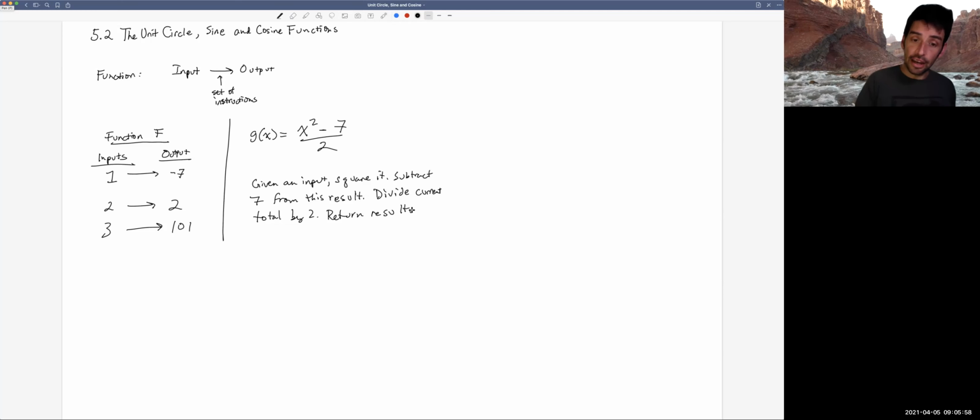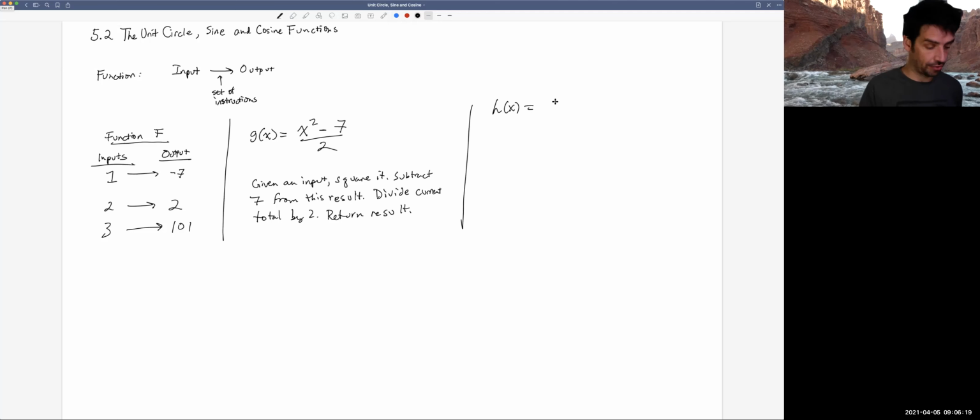Obviously algebra is great. We can express this long set of instructions in a simpler way, but that's really what it's saying. You give me a number, I'm going to square that number, I'm going to subtract 7, I'm going to divide by 2, and I'm going to give you what I get back. That's what a function does. Sometimes they're more complicated.